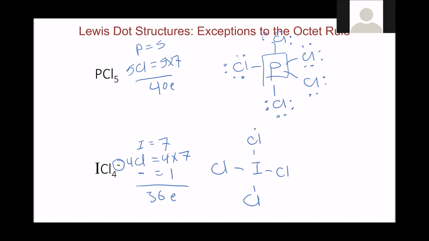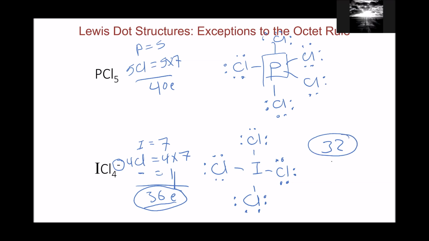So you will put 6 here, 6 here, 6 here, 6 here. How many electrons did you use total so far? 32. How many electrons are we still left with? So we started with 36. We used up 32. That means we still have 4 electrons remaining.